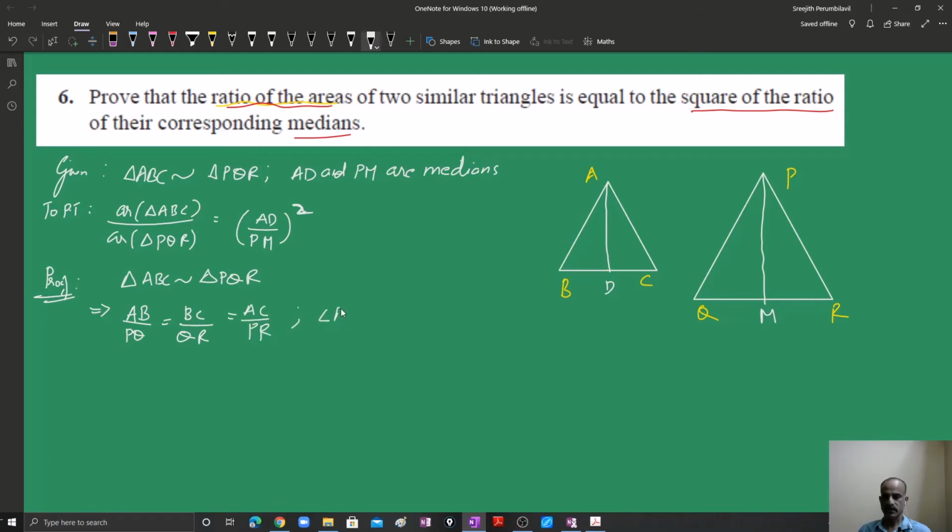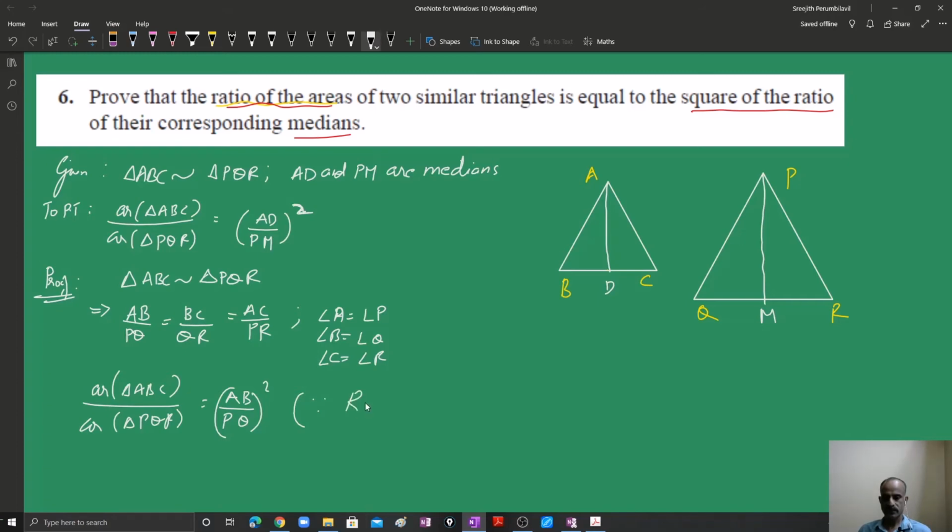Also we can say that angle A is equal to angle P, angle B is equal to angle Q, angle C is equal to angle R. These are the other things that are available. Now we know that area of triangle ABC by area of triangle PQR is equal to AB by PQ whole square, or any of them. Why? What is the reason?